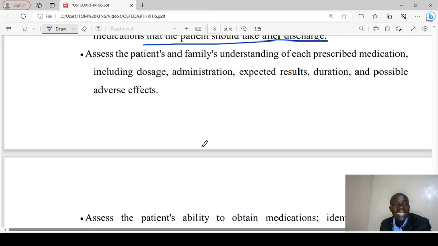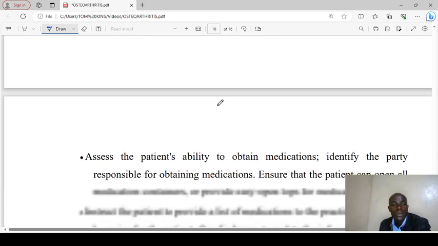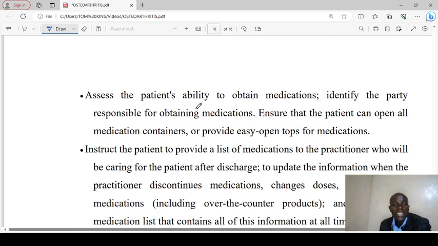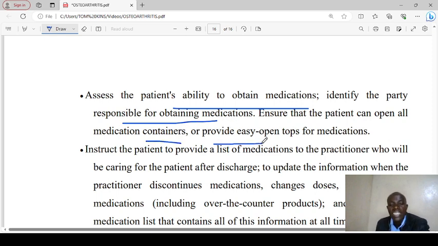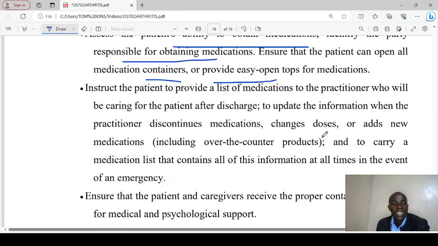Remember to assess the patient's and family's understanding of the prescribed medication, including the dosage, administration, expected result, duration, and possible effects. Also need to assess the patient's ability to obtain medication, and identify the party responsible for obtaining the medication. Then the RN needs to ensure that the patient can open all medication containers or provide easy open tops for the medication.